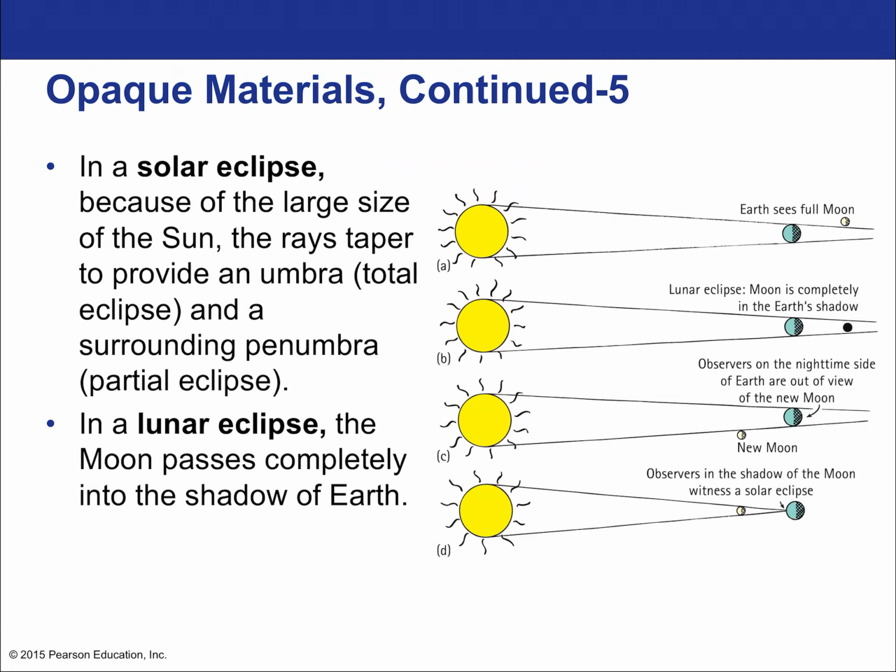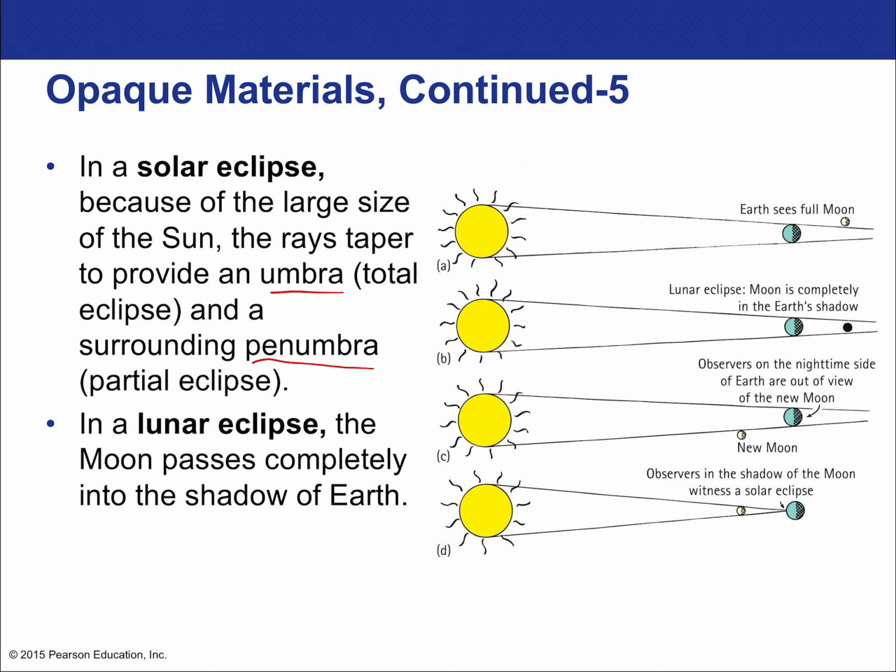This is very relevant when we think about celestial events that involve the casting of shadows of the moon and of Earth. So that's the shadow created by Earth and the shadow created by the moon. All right, so in a solar eclipse, the shadow that is created is from the moon. All right, and in that case, there is an umbra and a surrounding penumbra.